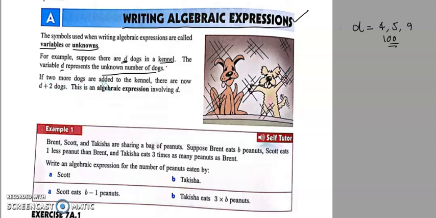If 2 more dogs are added to the kennel, there are now D plus 2 dogs. So whatever is the number D, if 2 more are added, the number of dogs we will represent algebraically as D plus 2. This is called an algebraic expression involving D.